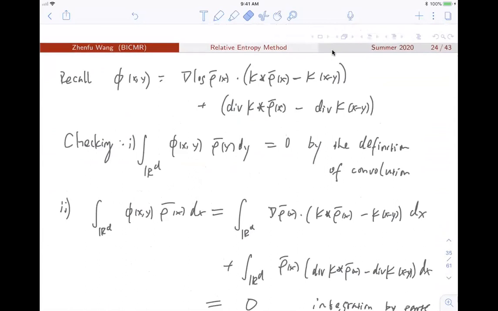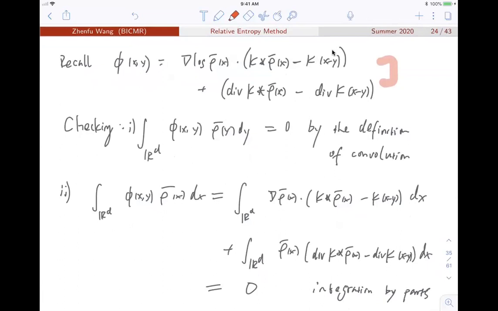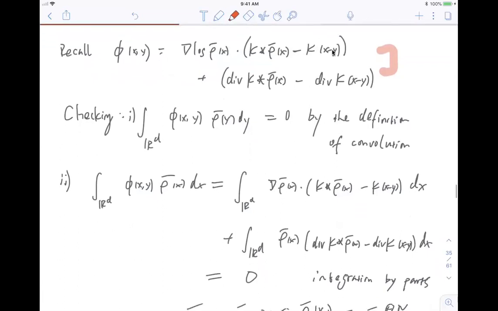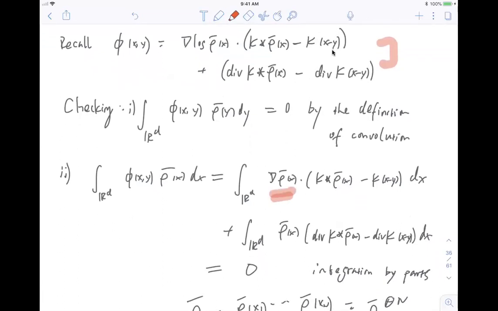So this is our phi in this particular setting. You can check that if you integrate with rho bar in the y variable, you get 0 just by the definition of convolution. If we integrate with the x variable, the first term becomes this, and using integration by parts you get the opposite of the terms appearing in the second term.